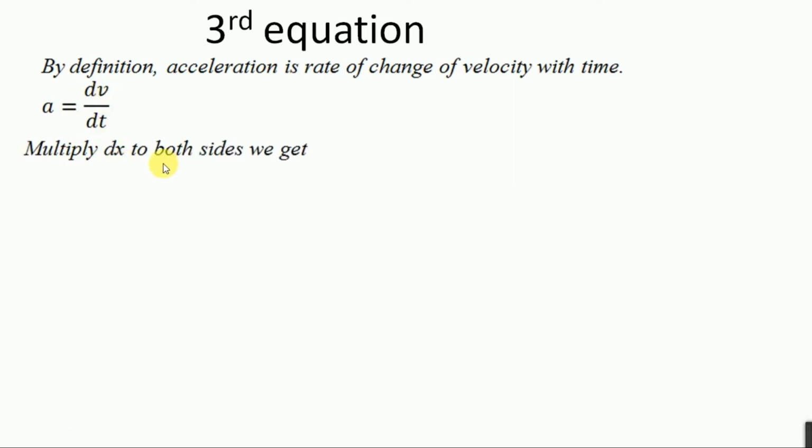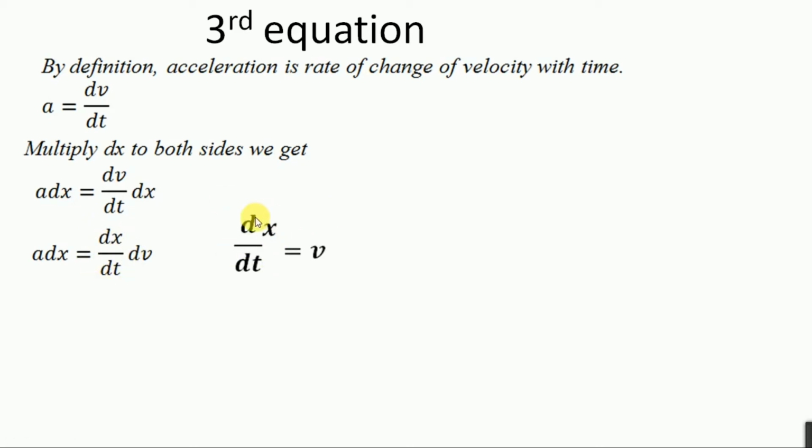I'll multiply both sides by dx because we want displacement in the equation. Now I'm taking dv to that side and keeping dx with dt. For dx upon dt I can write v, because the rate of change of position with time is velocity.